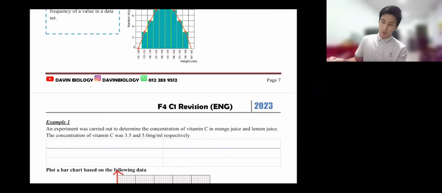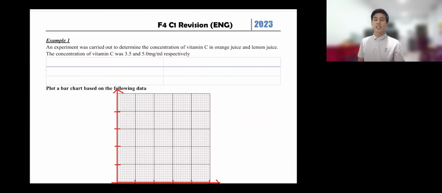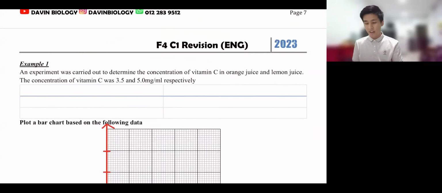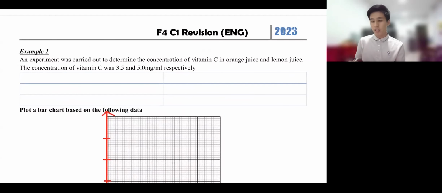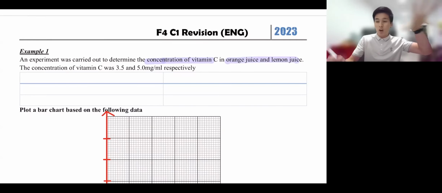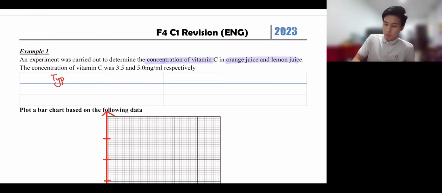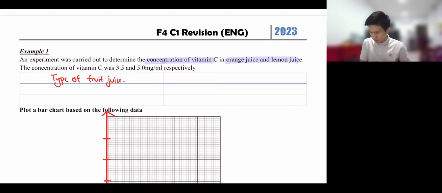Now we're going to practice table and graph. There are 3 examples here. The first one is exactly the same as this one here, the vitamin C experiment. An experiment was carried out to determine the concentration of vitamin C in orange juice and lemon juice. Remember, the left-hand side is always your manipulated variable, that is the type of fruit juice, with no unit.